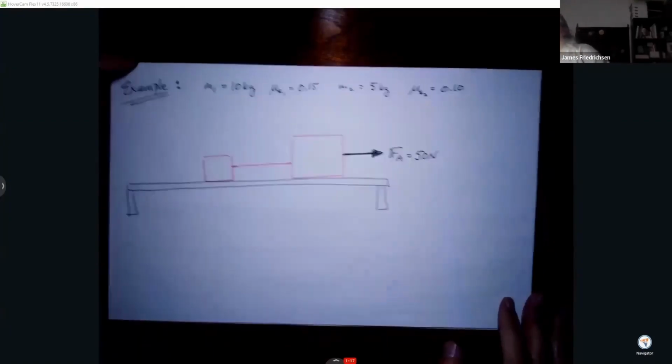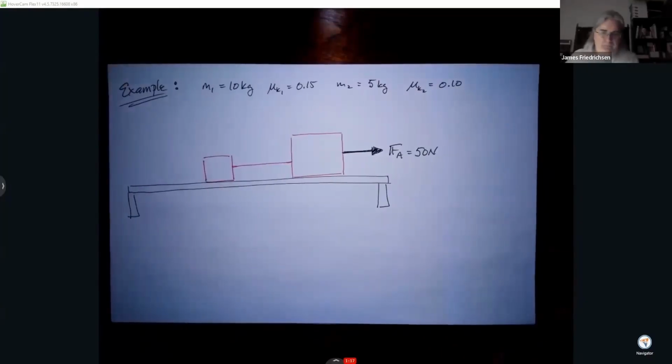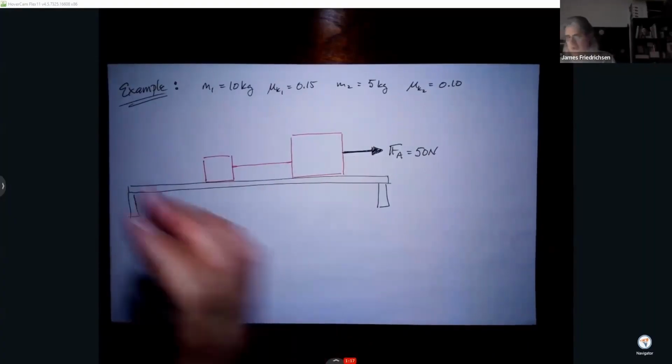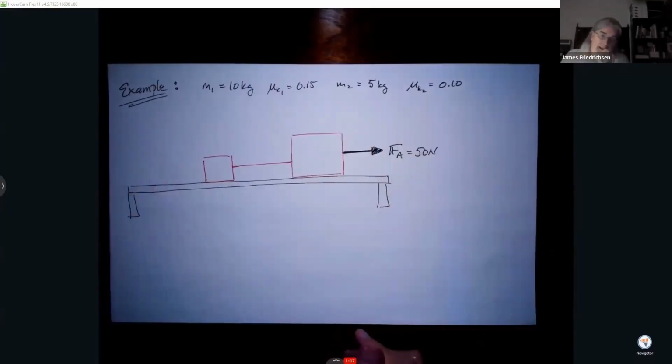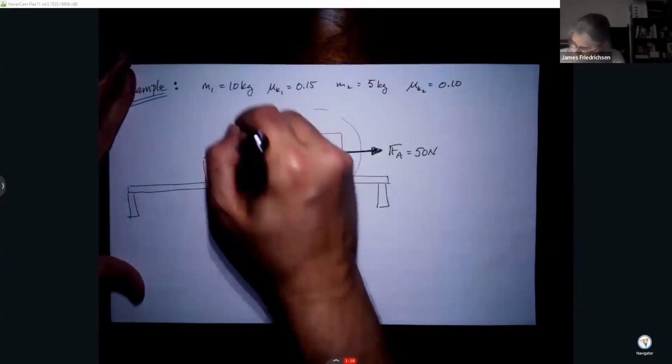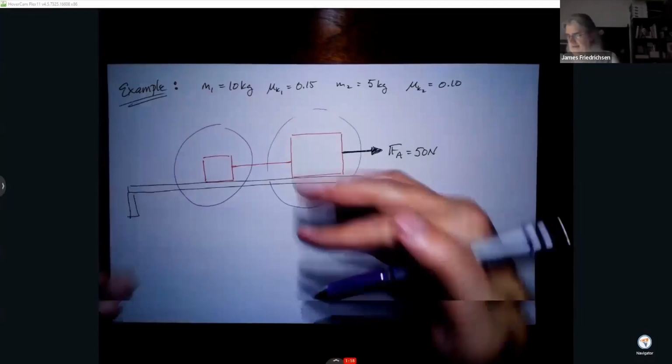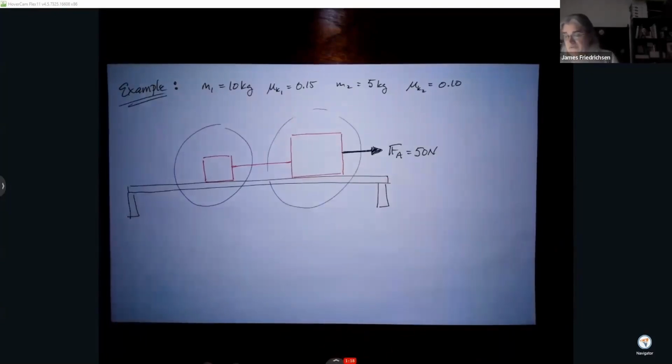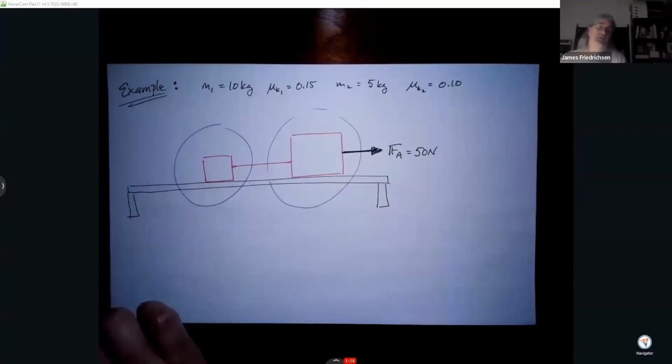Now, there are several ways to analyze this type of problem where we have multiple objects, okay? These ones are connected by a string, but they could also be in contact. And so the most general one is we're going to analyze each individual object, and it will generate a system of equations that we can then do a substitution in order to solve for all of the pieces, okay?